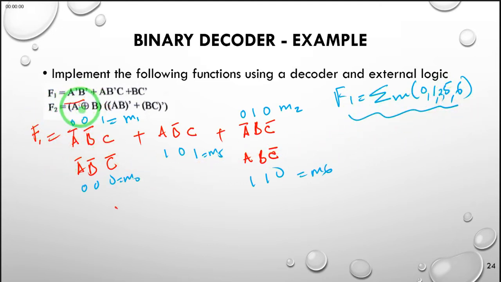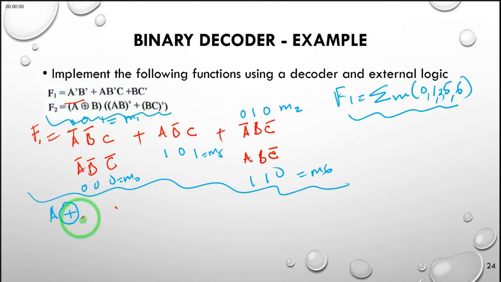All we need first and foremost is to break the XOR operation into its constituent terms, which is always in this form. We normally say this is exclusive OR. It is true only when the 2 variables are not the same. So one is complemented, the other one is not complemented, and the same case on this side.